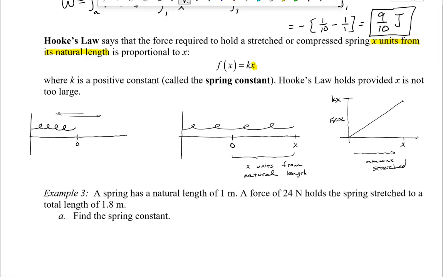And of course, this holds for when we compress the spring x units as well.